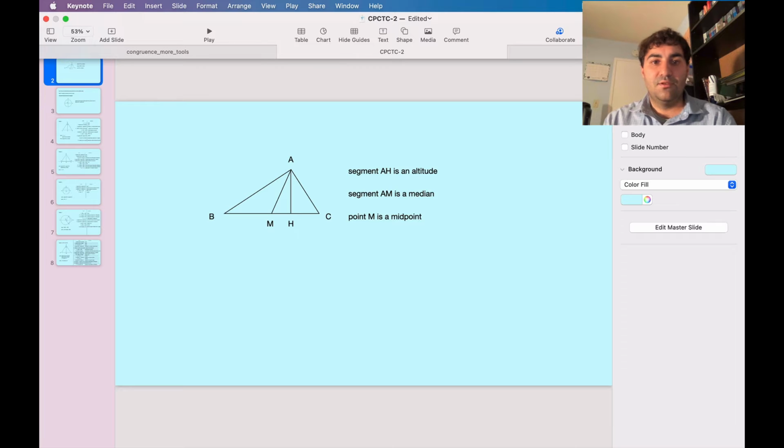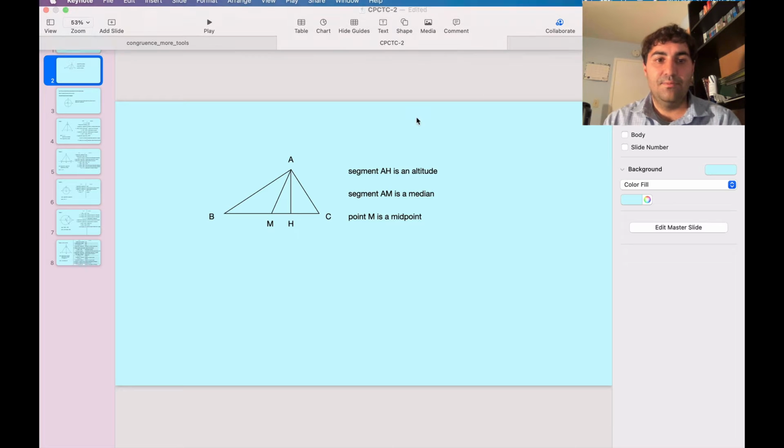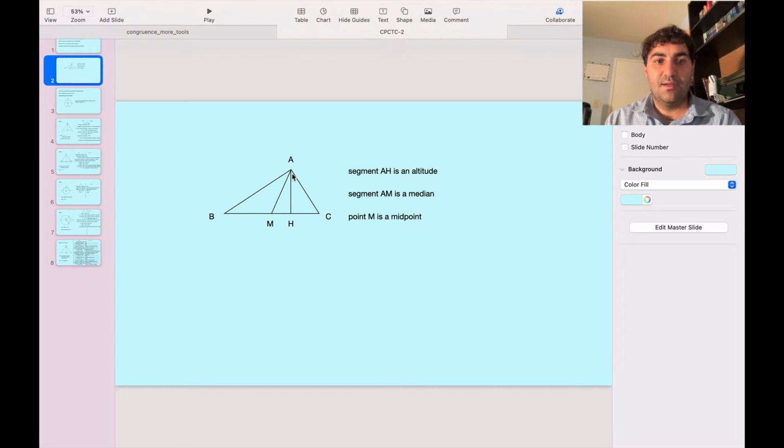So to visualize this, if we look at this triangle ABC, if we draw a segment that joins a vertex of a triangle and that's perpendicular to the opposite side, I didn't draw it here, but this is a right angle, we have an altitude, segment AH, right?